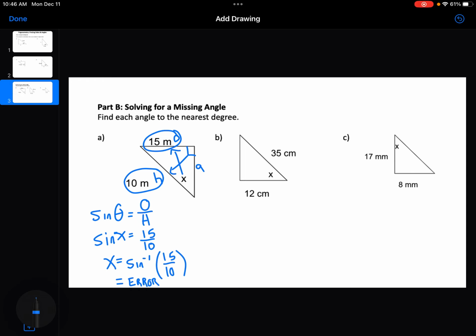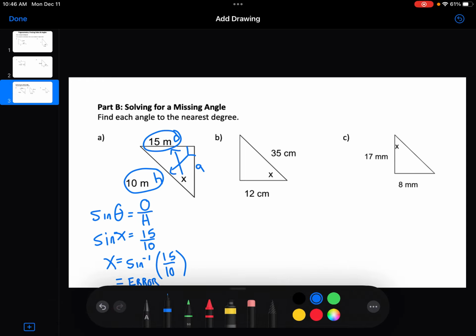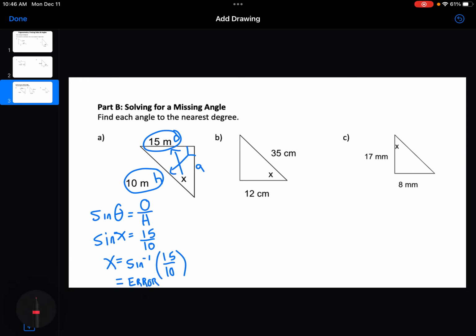The reason for that is what we have to recognize when we're doing these questions. The opposite has to be smaller than the hypotenuse.